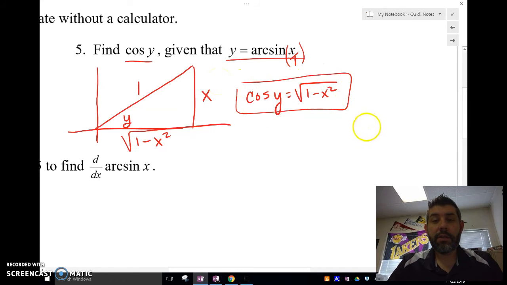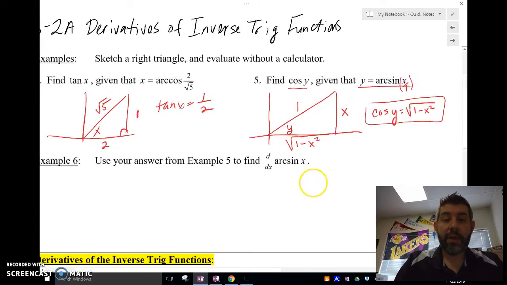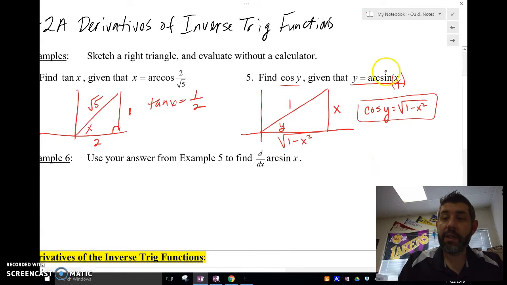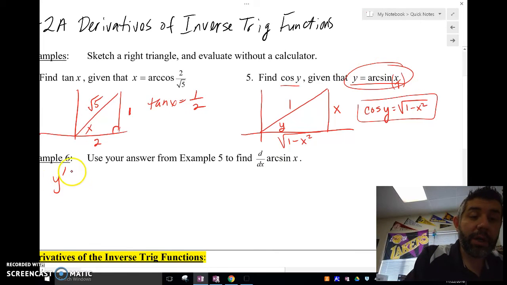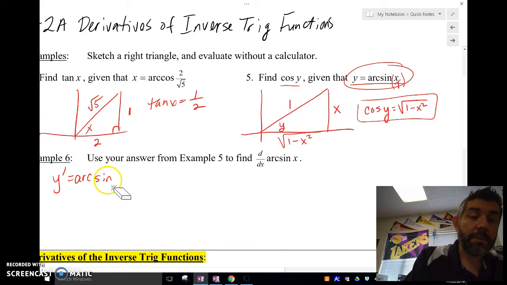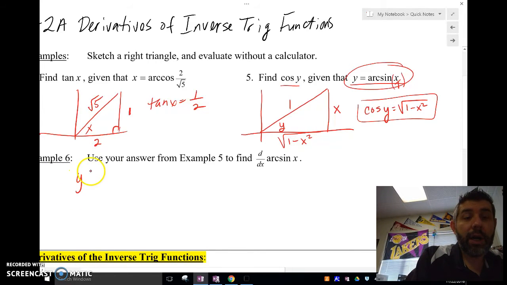Now let's take what I just got into a problem. Let's find the derivative of arc sine, y prime of arc sine of x. That's what we're looking for. So let's say y equals arc sine of x.